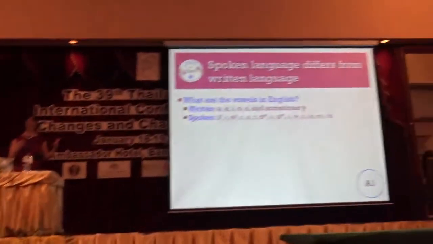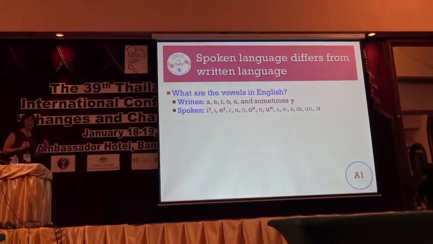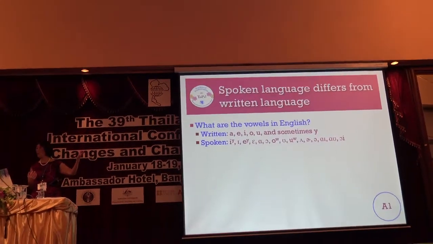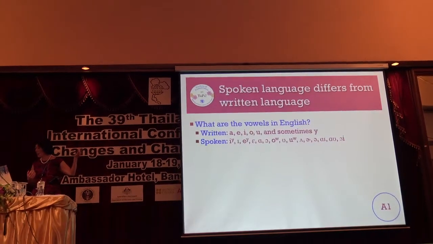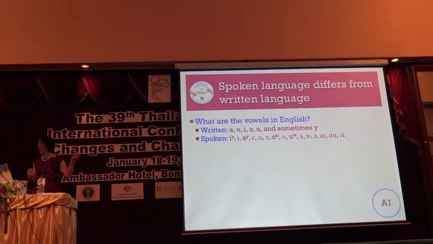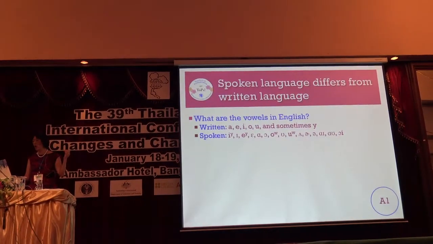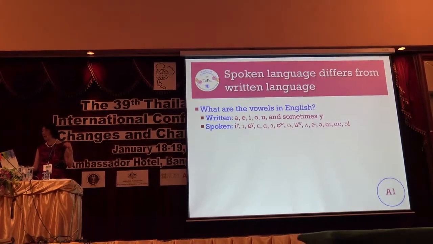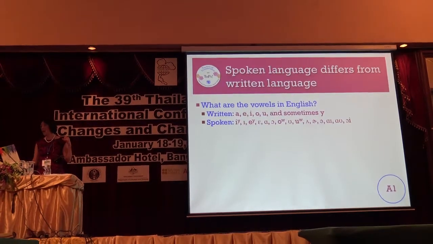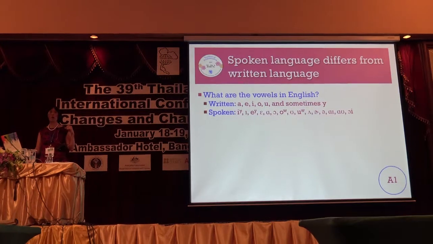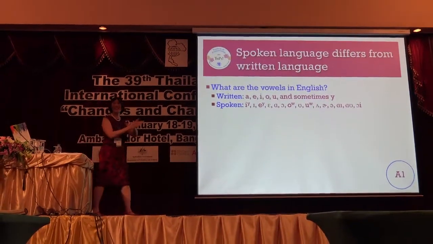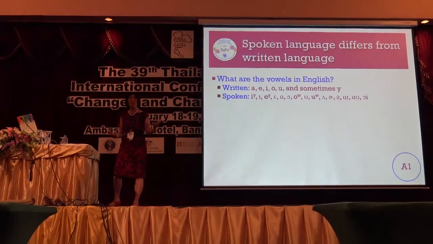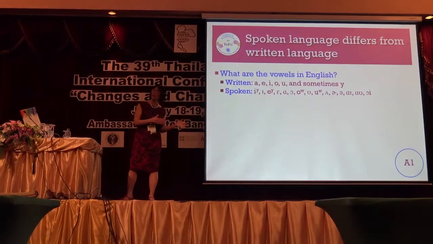Now, if we're listening to spoken American vowels, perhaps some of you are familiar with the IPA, you will know what is the first one? E. And then I, A, O. When we talk about vowels, we have to be clear about written or spoken.